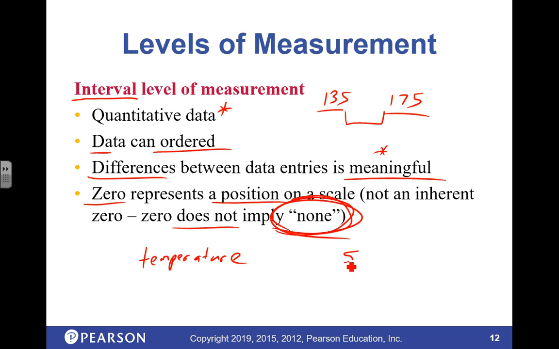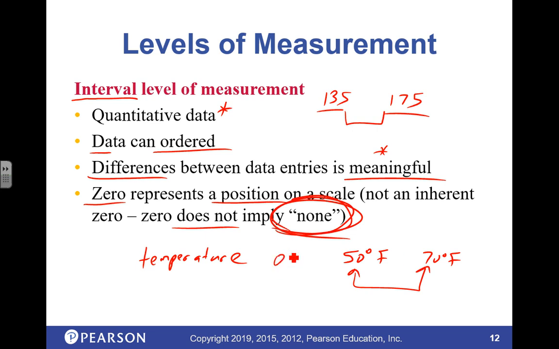If I compare 50 degrees Fahrenheit to 70 degrees Fahrenheit, there is a significance between the difference. We could somewhat quantify or understand what a change in 20 degrees Fahrenheit feels like, what that means.